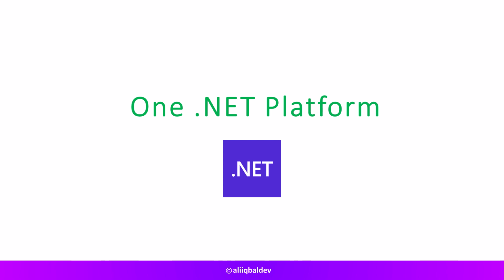The amount of code that you can share is now pretty much at its maximum, allowing you to share pretty much everything. And on top of this shared .NET, you will have specific libraries that you can bring in to add specific functionalities, such as, for example, when you are building a mobile app, but underneath they are all running on the same .NET. So we are really seeing that the different .NET platforms have come together.